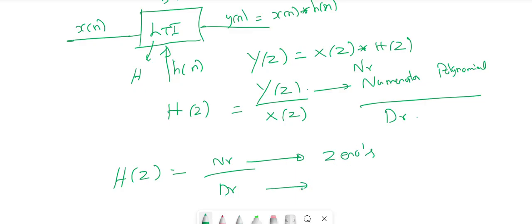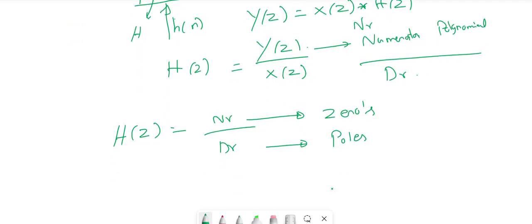The roots of the denominator polynomial are called the poles of the system.